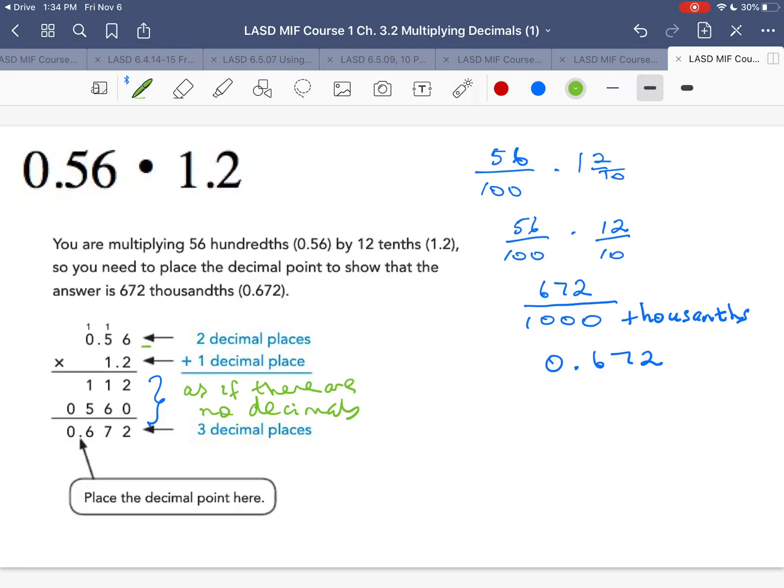You've got 2 decimal places in 0.56 plus 1 decimal place here, so that means numbers to the right of the decimal, for a total of 3 numbers to the right of the decimal. So when we get our answer, we'd go 1, 2, 3, and our decimal point goes here. And our answer is 0.672, which is the same as the answer we got when we converted to fractions and then converted back to decimals.